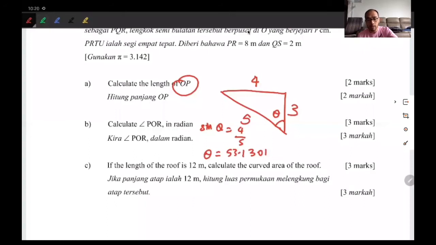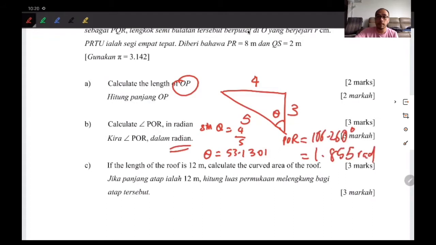But POR is twice that value, so times 2, I get 106.260, and obviously I need to change to radian. Divide by 180 times 3.142. 1.855 radian.